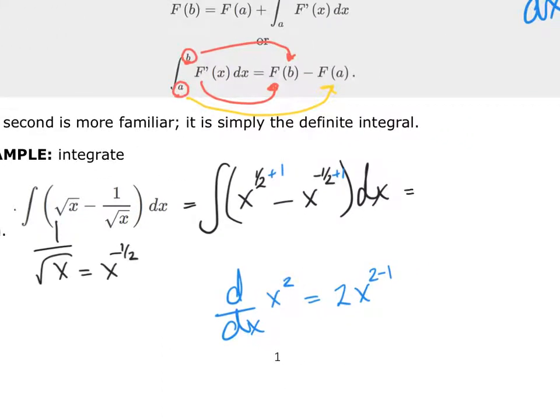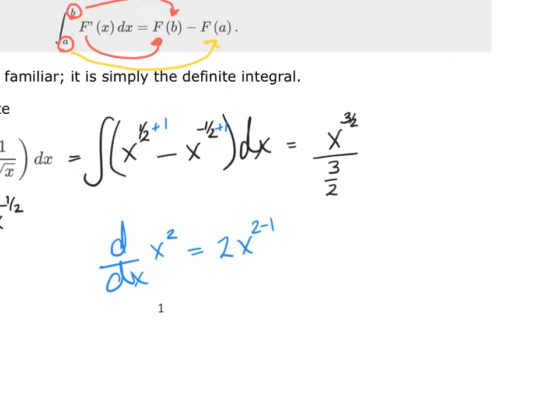So this is going to be equal to, when I add 1 to 1/2, that is 3 over 2, so x raised to the 3 over 2. That means I have to divide by that 3 over 2. So I'm undoing the multiplication of the power, and I am undoing the subtraction of the power. I have to add a power, and divide by that power that I added 1 to. And then my other one is going to be minus.